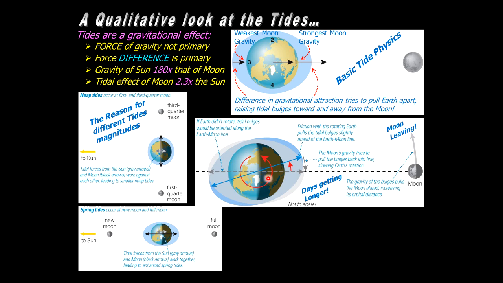So on a given day, as the Earth rotates, it's dragging, by friction, that bulge forward, and that's this blue region. The blue region is the bulge that's been dragged. And so it actually is ahead of the whole thing. Now what happens is the Moon now sees this extra mass here.